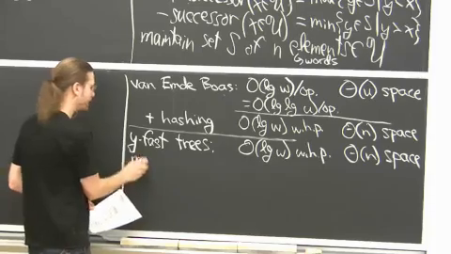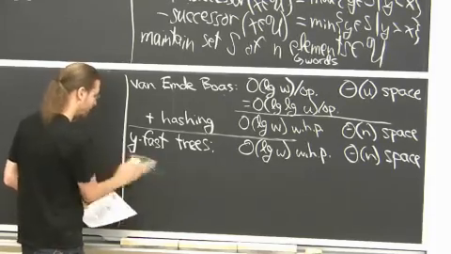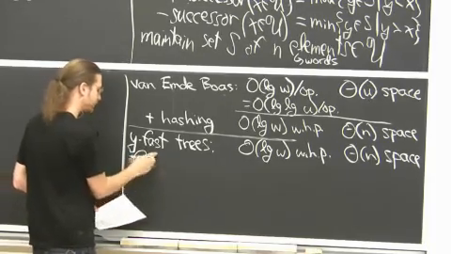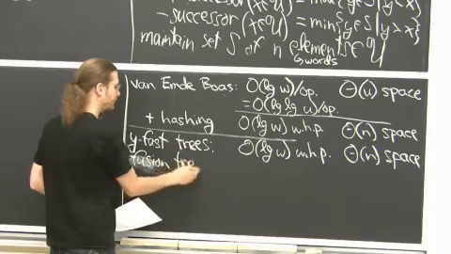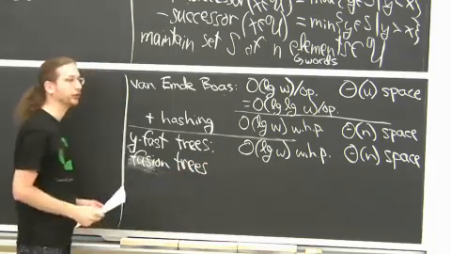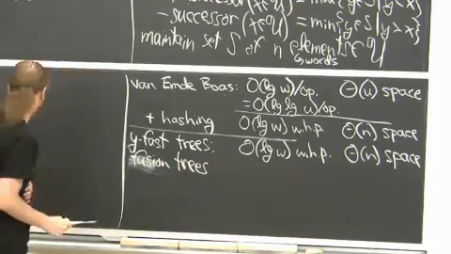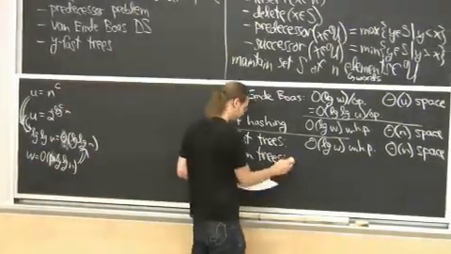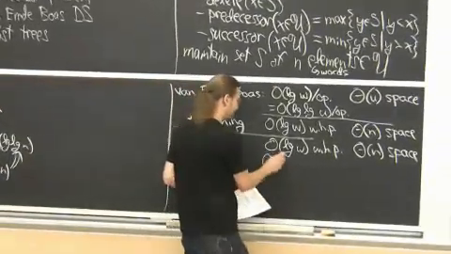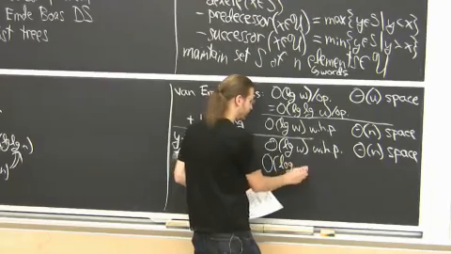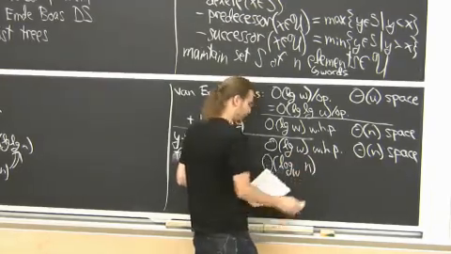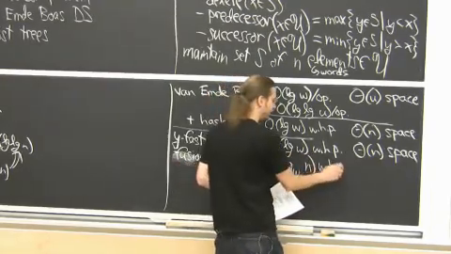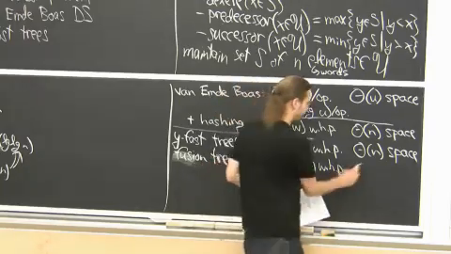So there's another data structure I want to talk about, which is designed for the case when W is very large, much bigger than polylog n. In that case, there's something called fusion trees, and you can achieve log base W of n, I guess with high probability and linear space.